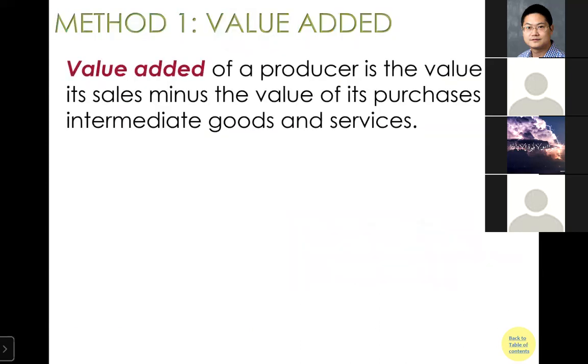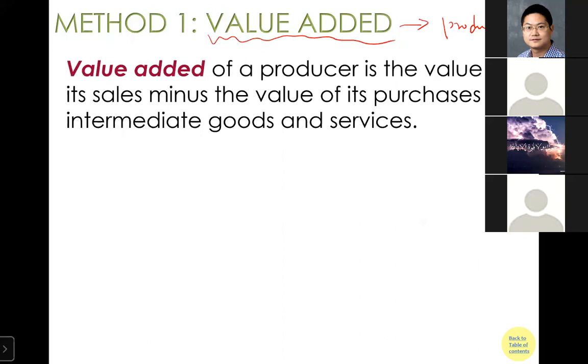Now, I'm going to explain to you intermediate goods versus final goods. The way I explain that is maybe just through different methods of calculating GDP. Here, we can look at value added. This value added is going to link to the product approach.